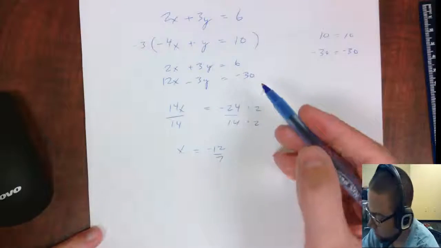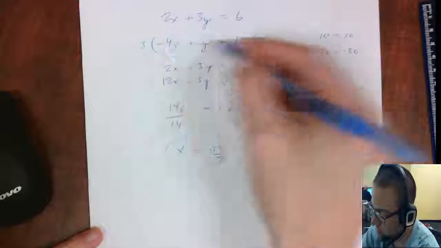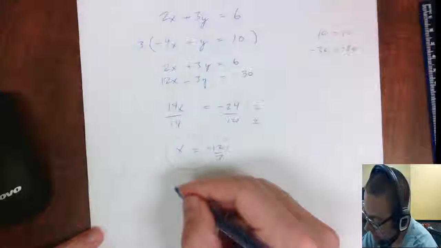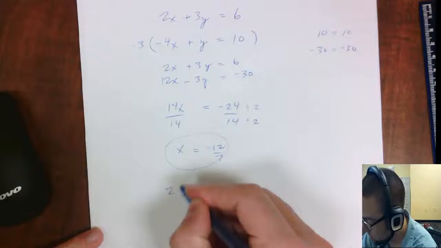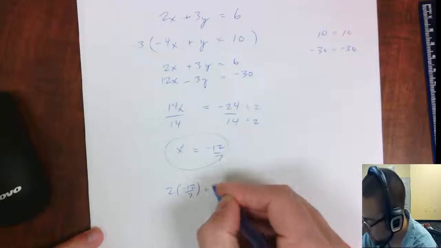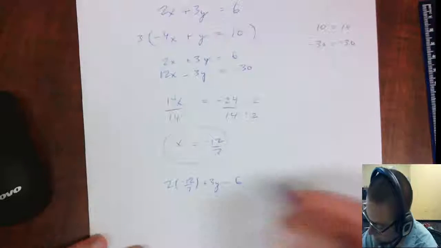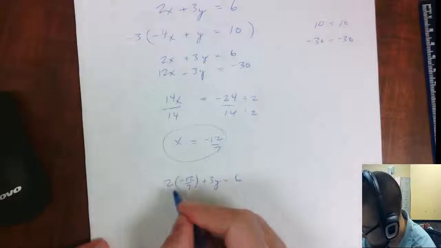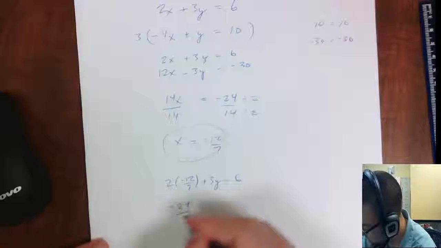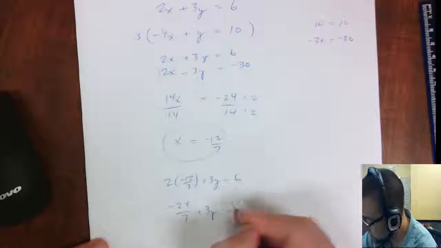And then if I want to find the value of y, I take this and substitute back into either equation. Any of these equations will work. It's kind of messy. Let's say I'll just take the top one. So now I solve this for y. So I have negative 24 sevenths plus 3y equals 6.